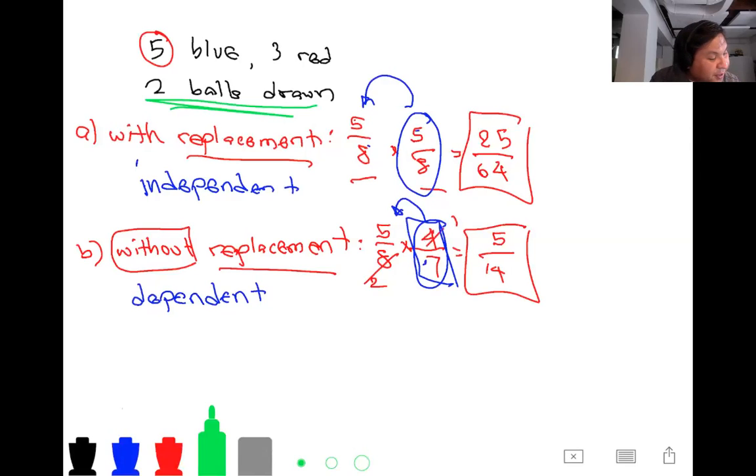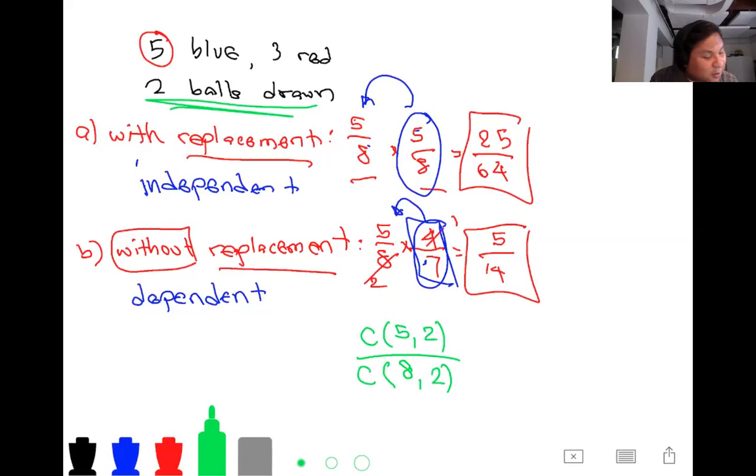So the probability of drawing 2 blue balls would be first the number of ways we can get blue balls: from the 5 blue balls, you choose 2. And then the total number of possible outcomes: out of the 8 balls, you choose any 2 balls.